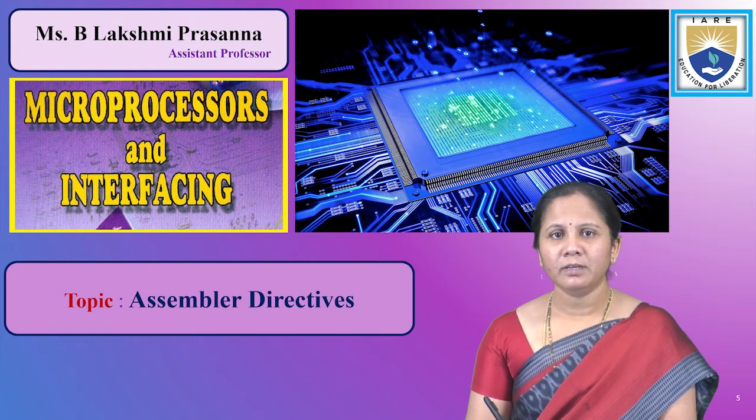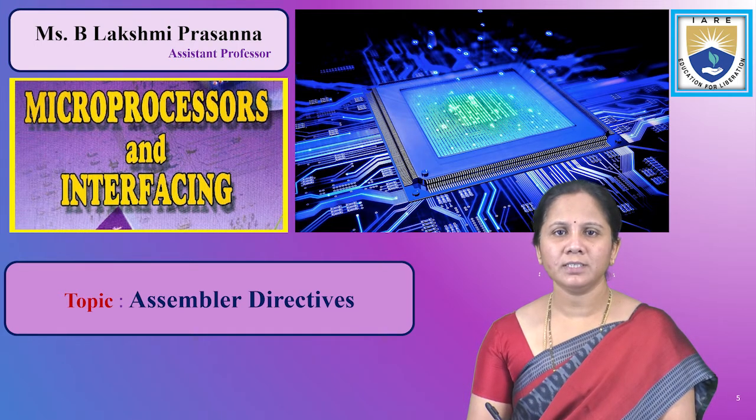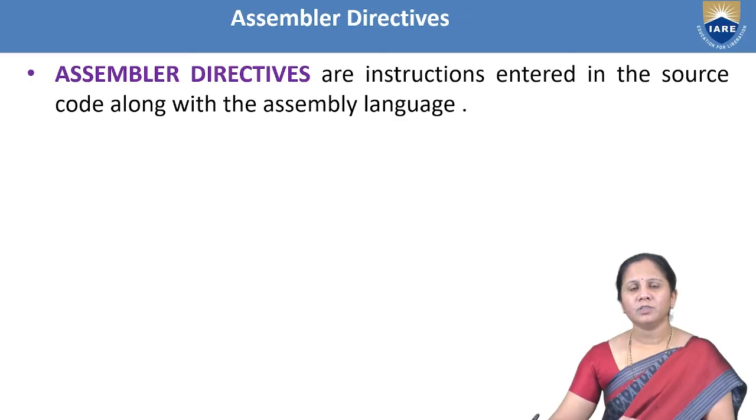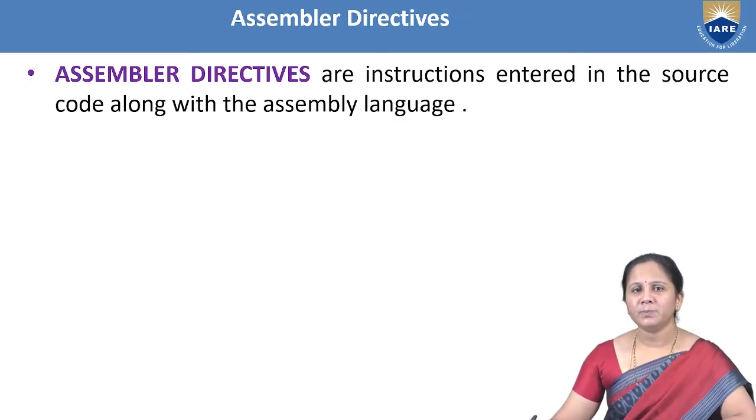In this session, we will discuss assembler directives of the 8086 microprocessor. First we need to know what is meant by an assembler directive. Assembler directives are directions for the assembler, linker and loader.